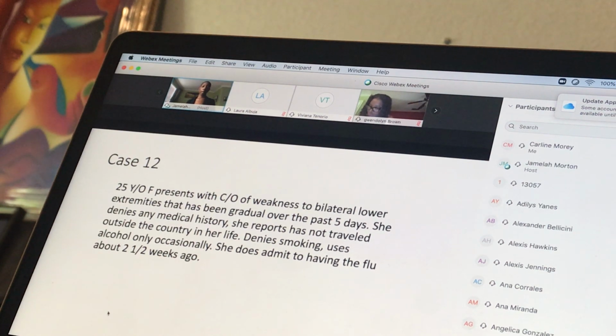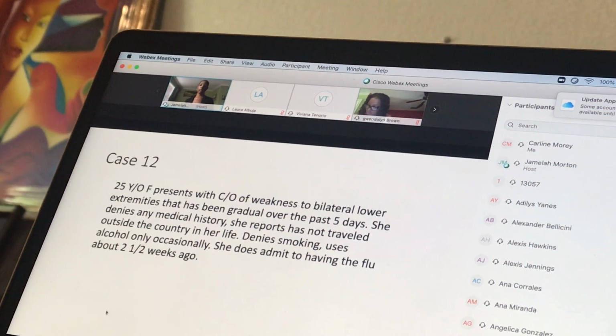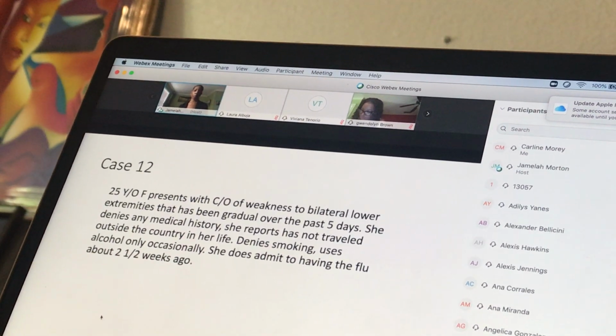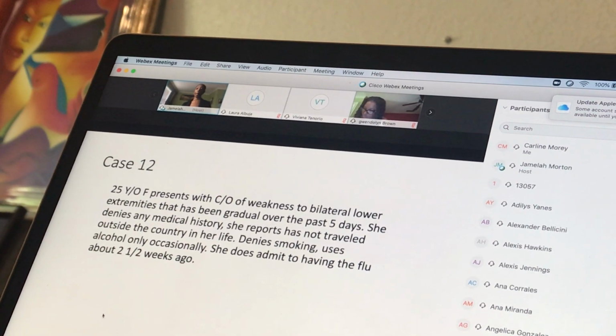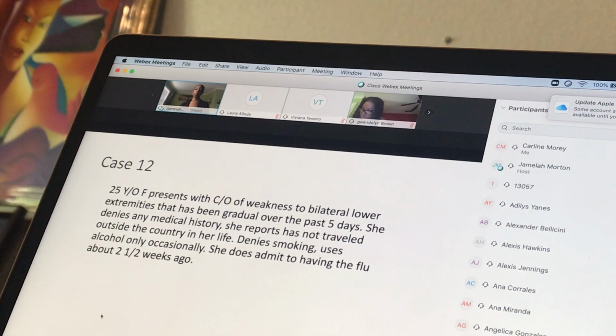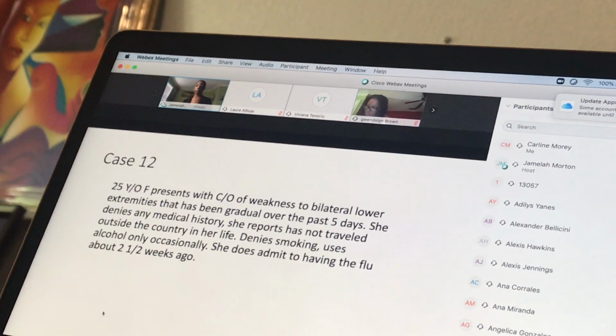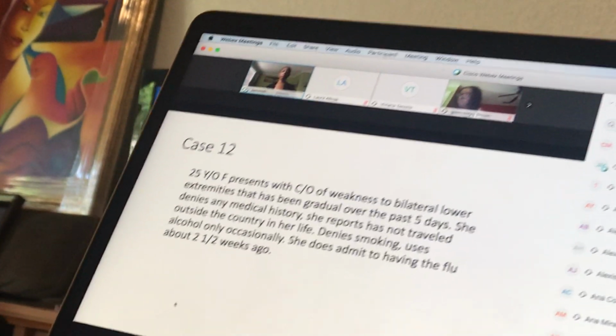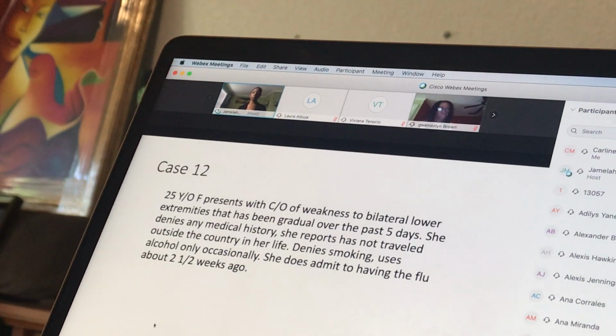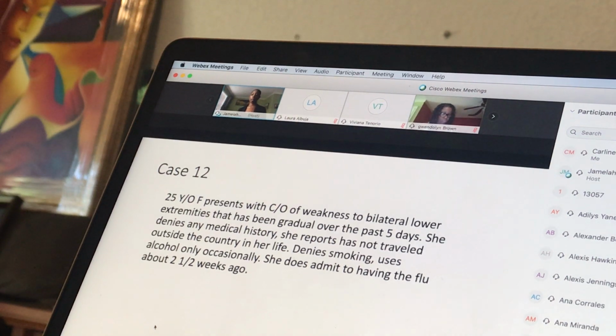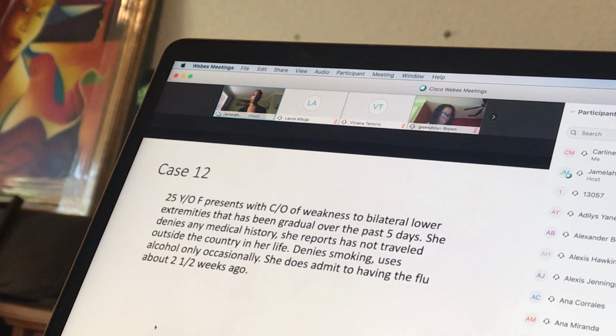All right, case number 12. A 25-year-old female with complaints of weakness in bilateral lower extremities, gradual over the past 5 days. She denies any medical history. She reports she has not traveled outside of the country in her life. Denies smoking, alcohol occasionally. She does admit to having the flu about 2.5 weeks ago.